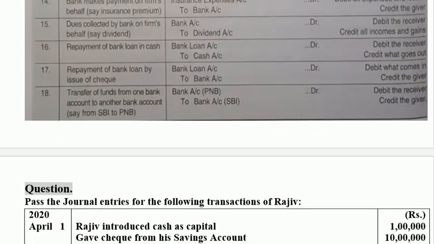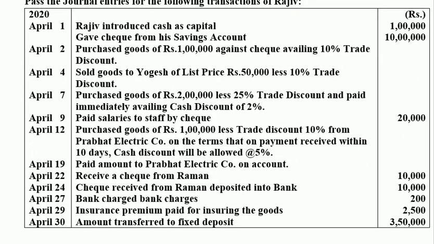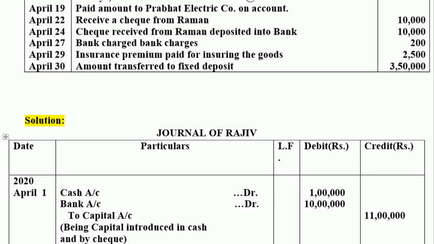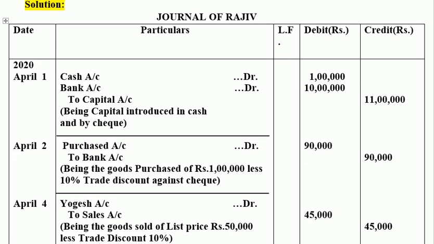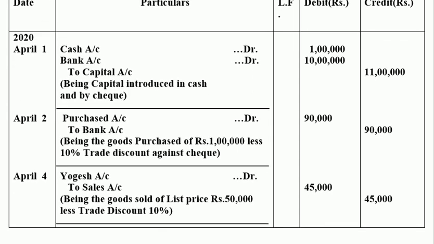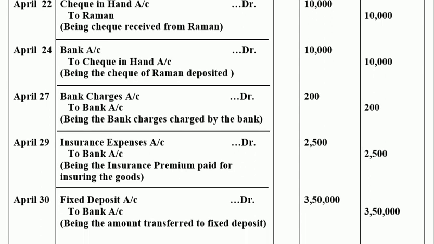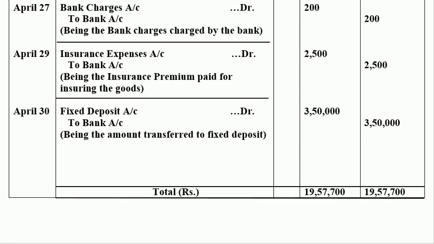Got it? With the help of these questions we have discussed how to record all these business transactions in books of accounts. I hope this is clear to you all and you have understood all these points very clearly.